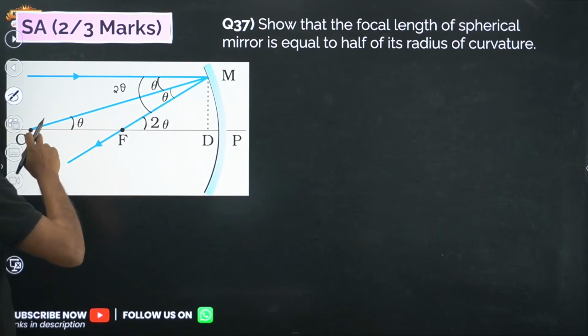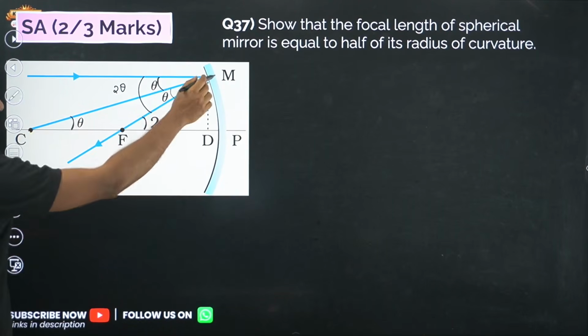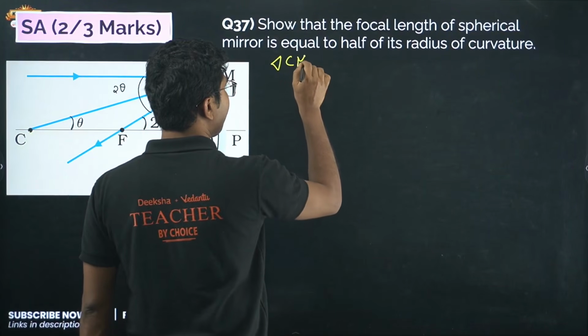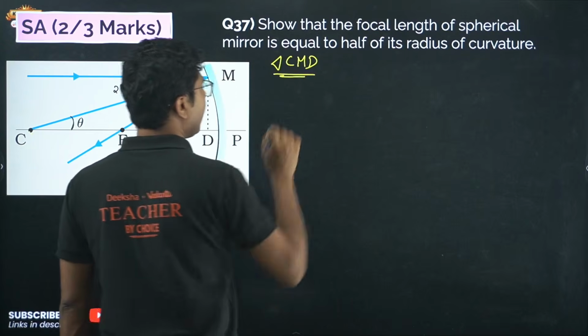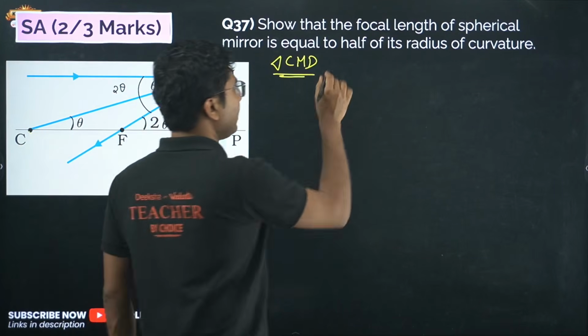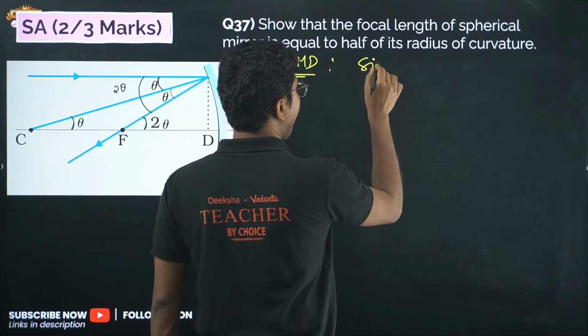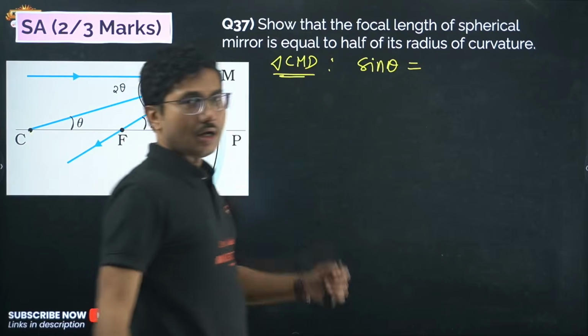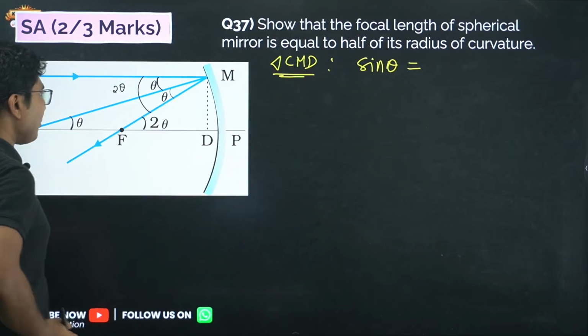First of all, you consider the triangle CMD. From the triangle CMD, you have to find the sine of this angle, sine theta. Sine theta is actually perpendicular by hypotenuse.